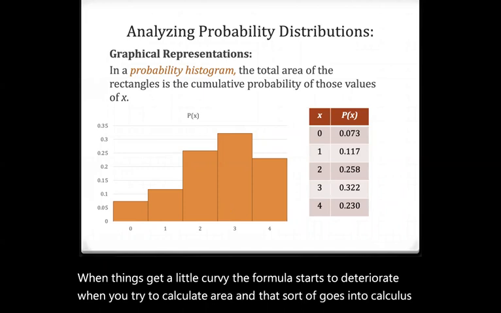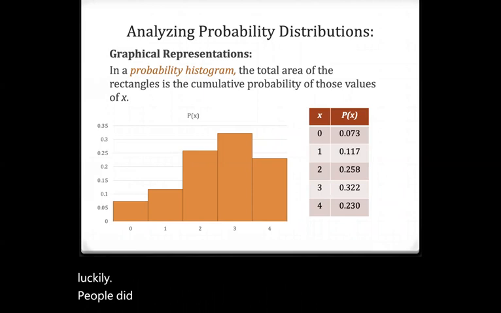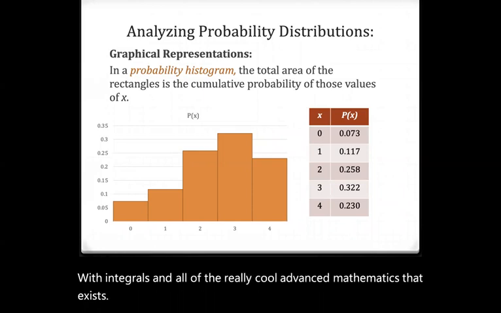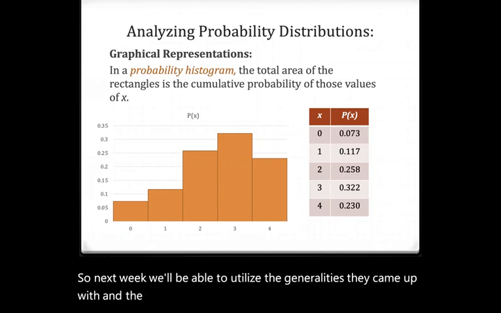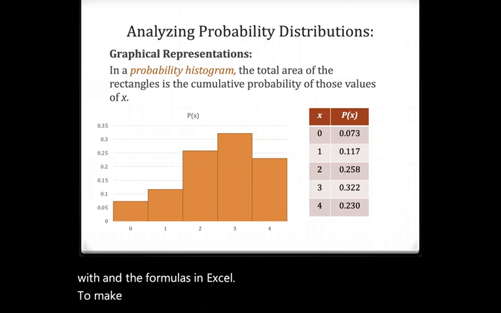Luckily, people did the calculus for you to figure out the area under a curve with integrals and all of the really cool advanced mathematics that exists. So next week, we'll be able to utilize the generalities they came up with and the formulas in Excel to make a really complicated process very simple.